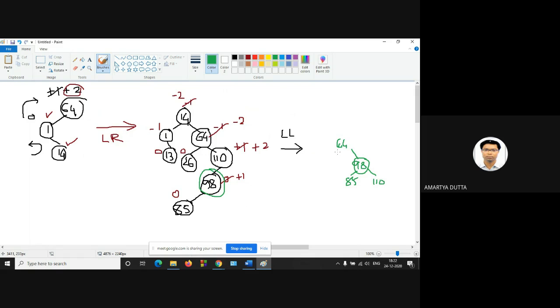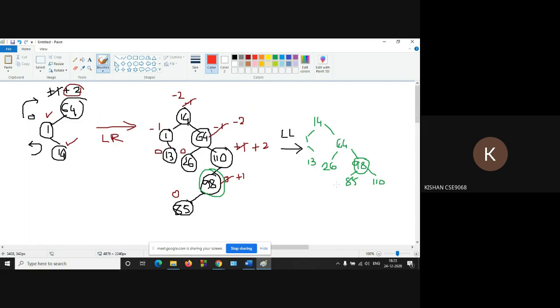Next, 64, and from 64 we are getting 26. From 64 there will be 14. From 14 we are getting 1, and from 1 we are getting 13. Now calculate the balance factor.